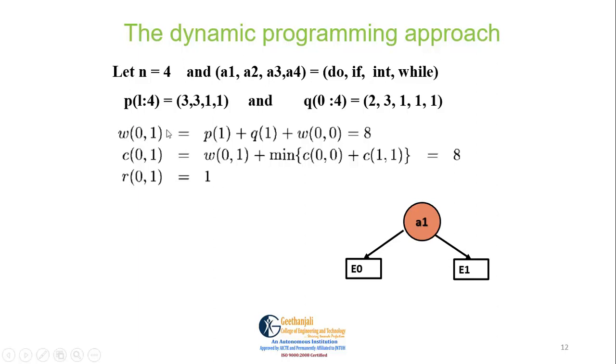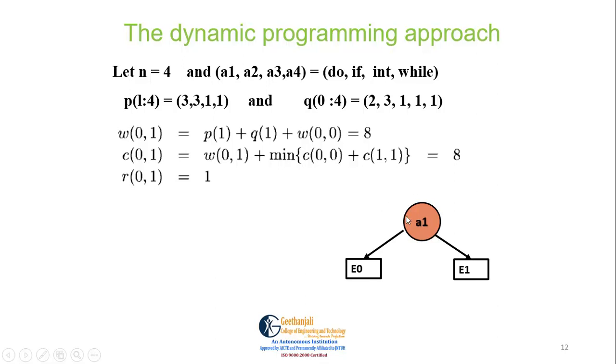And what is the key element? The key element is A1. Is this point clear for everyone? If you have doubts, you can raise them now. Because W of 0,1 is a small tree which contains only a single key element, and the key element is A1 here. Okay. So pictorially you can see the tree here.